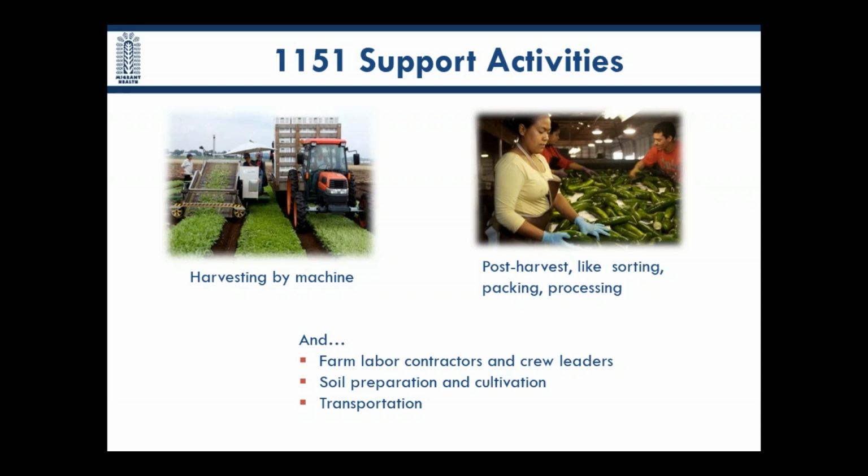So harvesting by machine, sorting, packing, processing, as well as farm labor, contractors, and crew leaders, soil preparation and cultivation, and transportation. The only note on transportation is that it cannot be an independent company that's providing the transportation. It must be affiliated with the farm in order to qualify under the 1151 support activity.